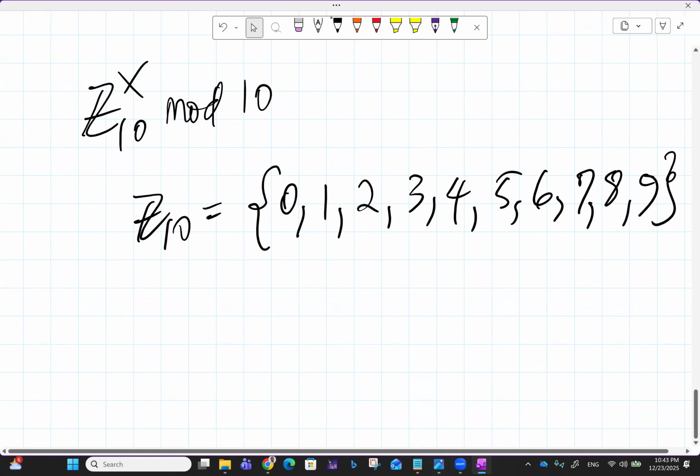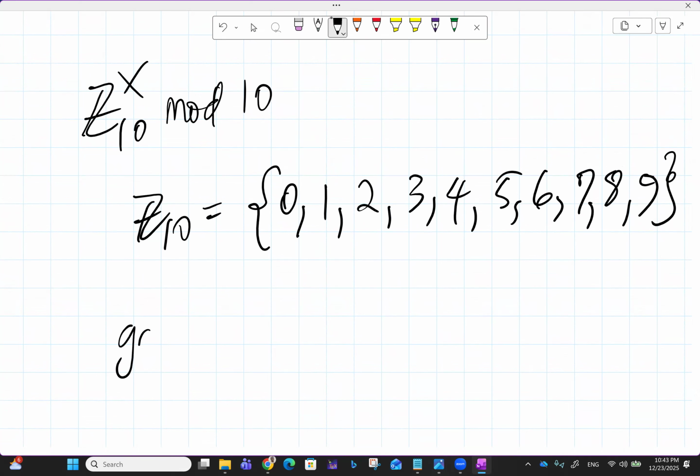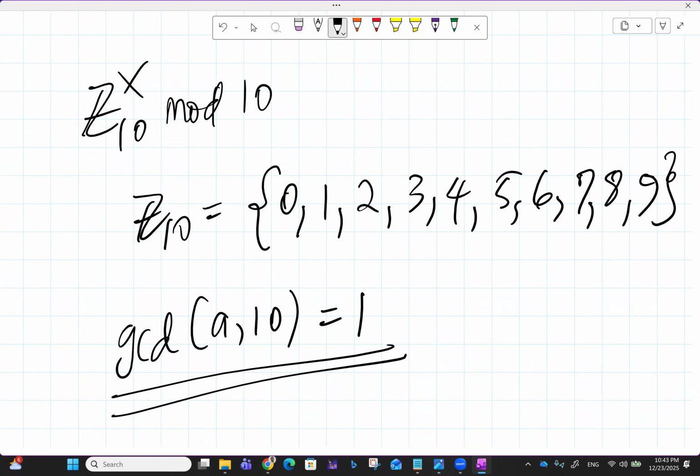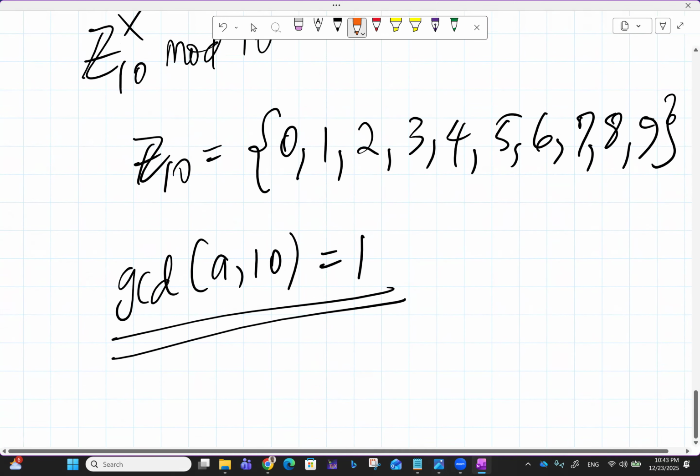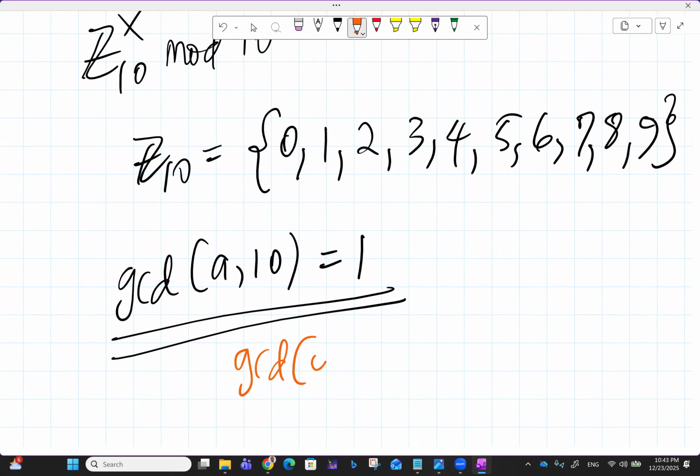But for us to be able to get the units mod n, first of all we check the gcd. So gcd of a and 10 equals 1. Which things meet this condition? If you pick 0 and 10, it makes no sense.